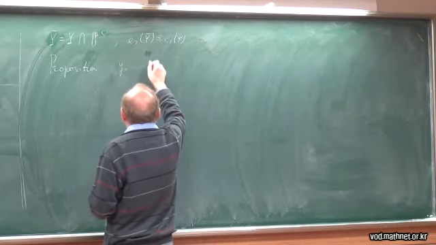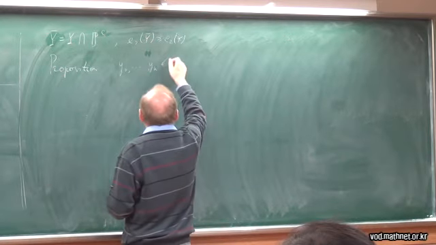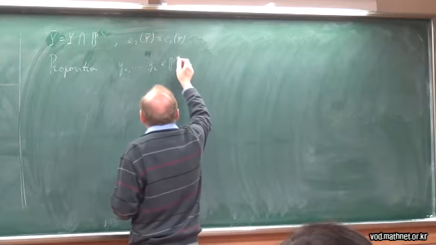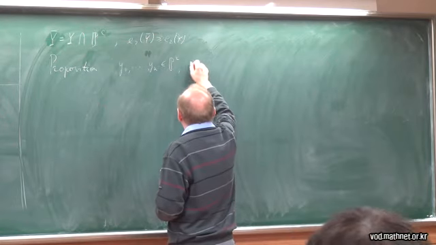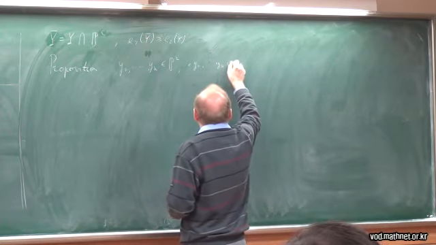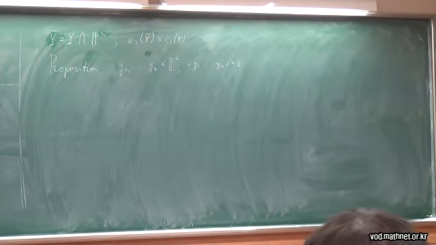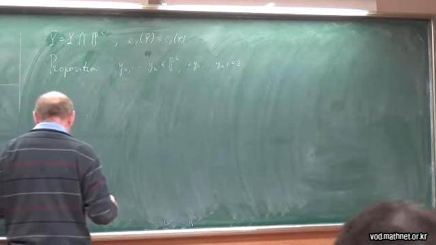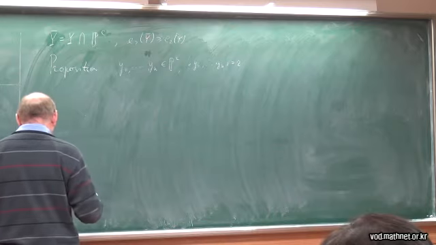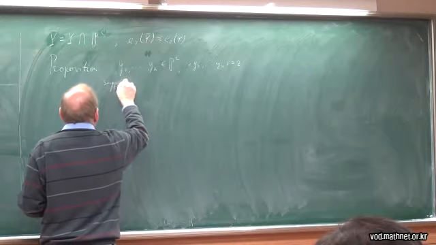Suppose we have a finite collection of points in PR that span PR. So we assume that the linear span is PR. And also we assume that any subcollection of t plus one of them is in general position.